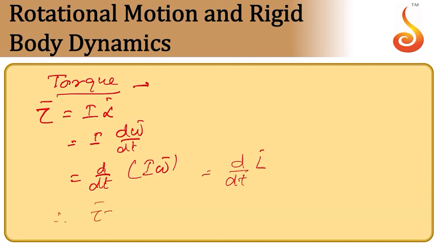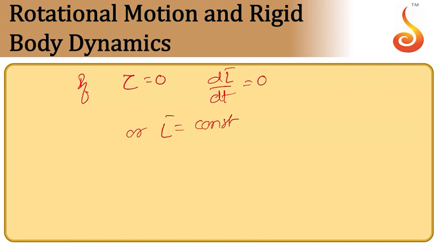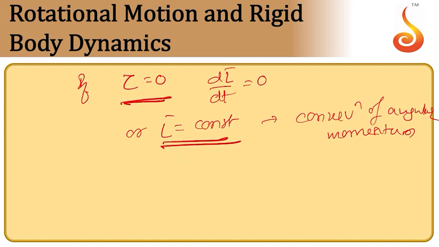Or we have torque is equal to rate of change of angular momentum. So, if torque is 0, clearly dL divided by dt is also 0, or this gives us L is equal to constant, which is nothing but conservation of angular momentum. In simple terms, if the external torque is 0, the angular momentum of the system remains conserved.